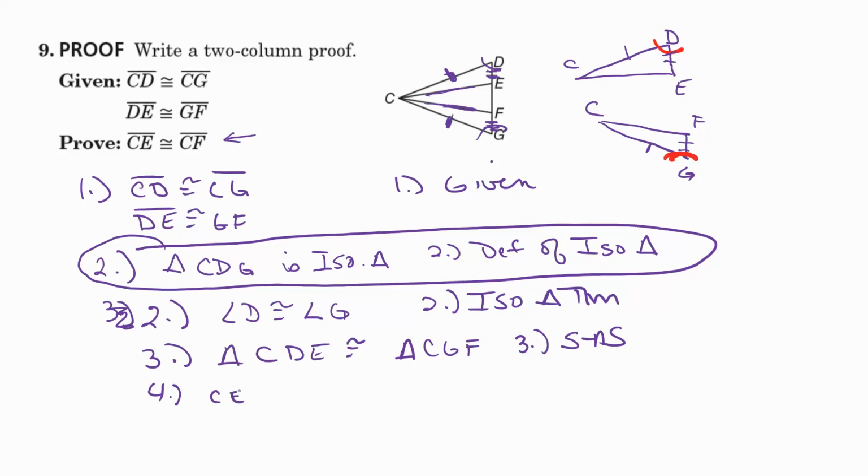So therefore CE is congruent to CF by CPCTC. Corresponding parts of congruent triangles are congruent. And that concludes our lesson for chapter 4-6.